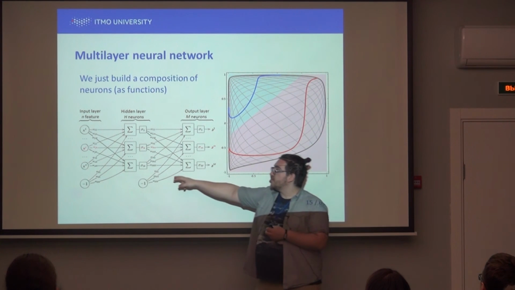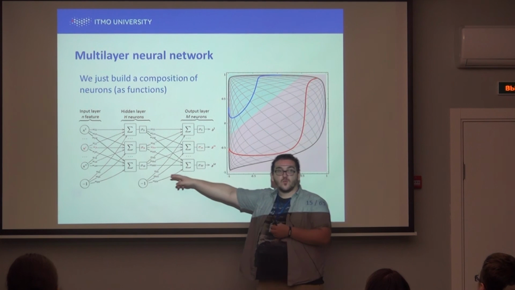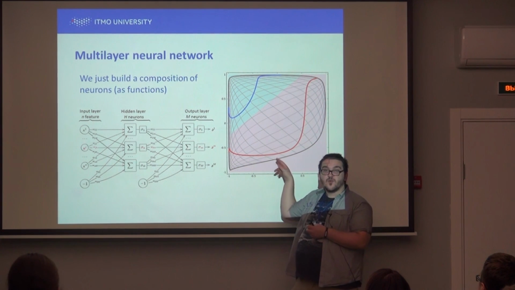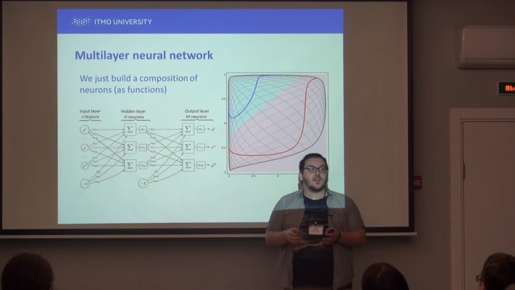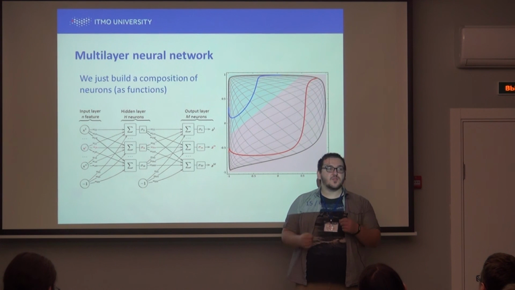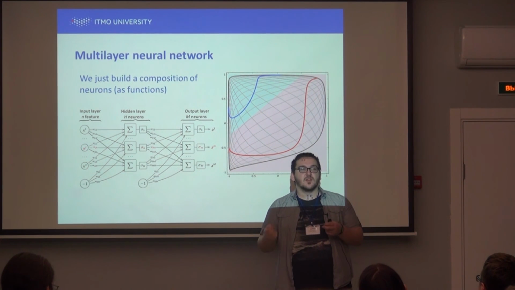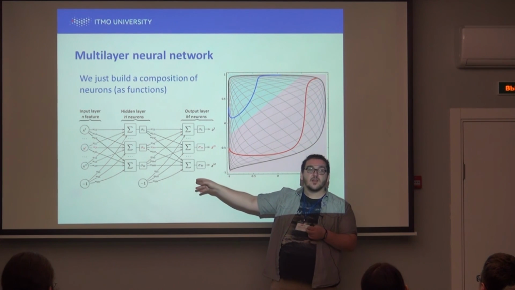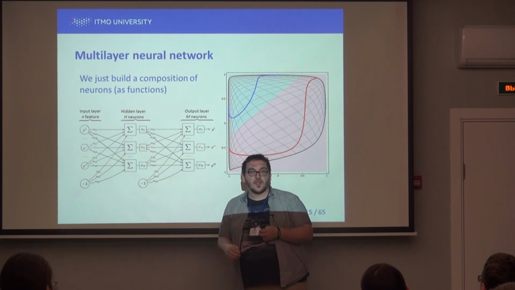So with our new inputs in a hidden layer, we have data represented in this space where they are linearly separable. The key idea here is to put more neurons, connect them, and use the outputs of neurons on one layer as inputs for neurons on the next layer.